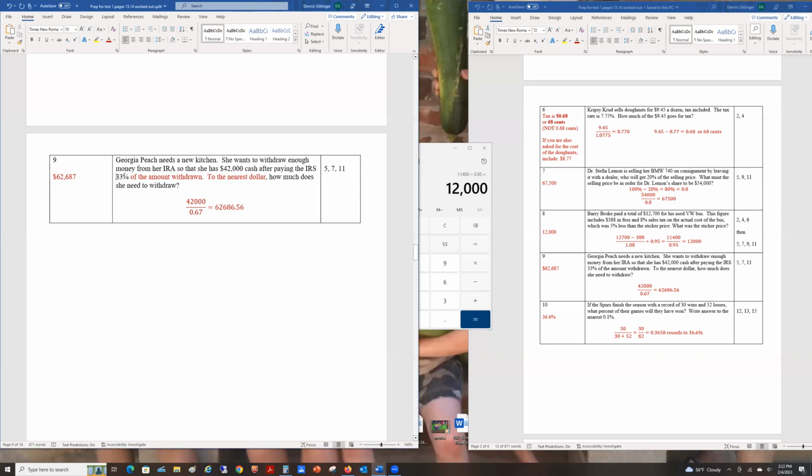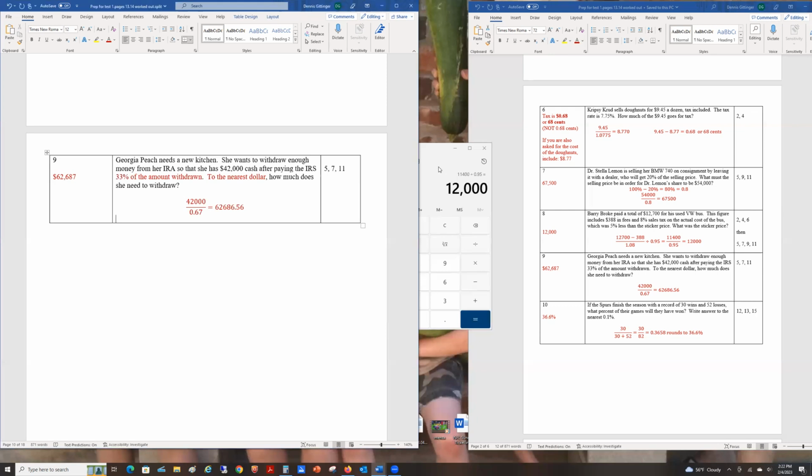Here's the key wording, of the amount withdrawn, not 33% of what she wants left over for her share. So you have to realize that the 42,000 represents a number decreased by 33% of the unknown number. Do not take 33% of 42,000 and add it on.